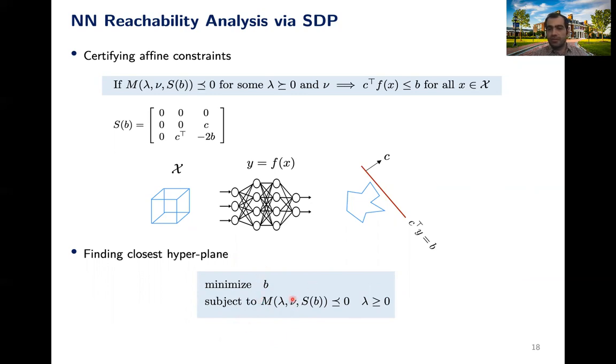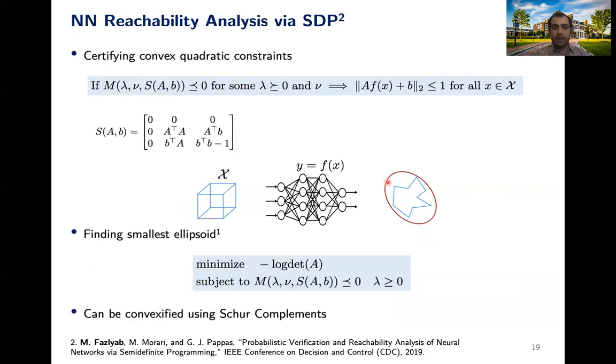So this is a semi-definite program for finding the closest hyperplane. If we repeat this process for multiple hyperplanes, we can find the smallest over-approximation of the output reachable set in the form of an intersection of half spaces.